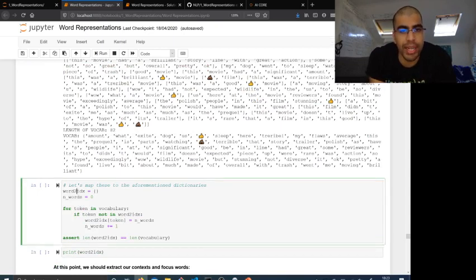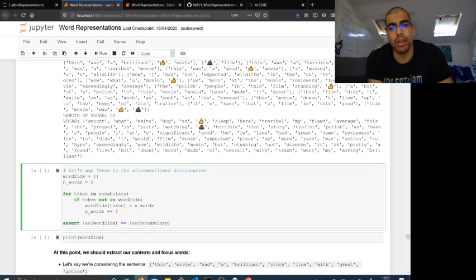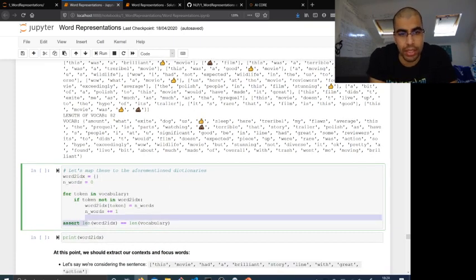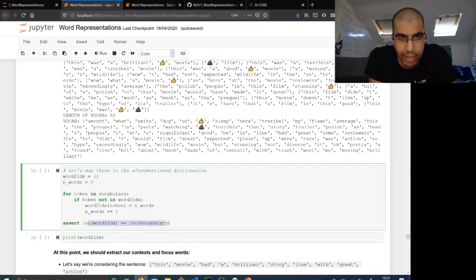So for every token in our vocabulary, if the token is not in this word-to-index dictionary, we're going to have this token as the key of our dictionary, and the value is going to be just some unique counter. And we should have the length of the dictionary be the exact same as the length of the vocabulary.